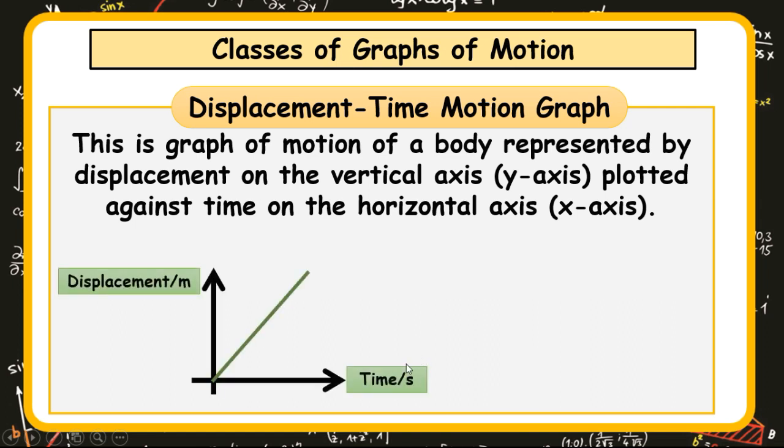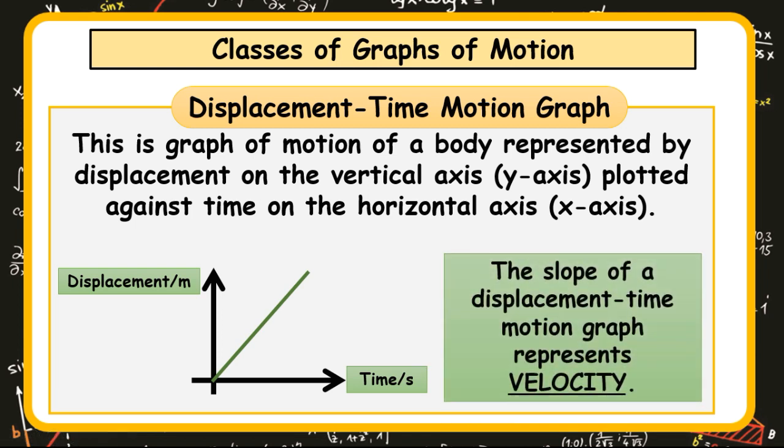And the graph looks like this. On the y-axis, you have displacement in meters plotted against time in seconds. And for this graph, the slope of a displacement time graph represents velocity.